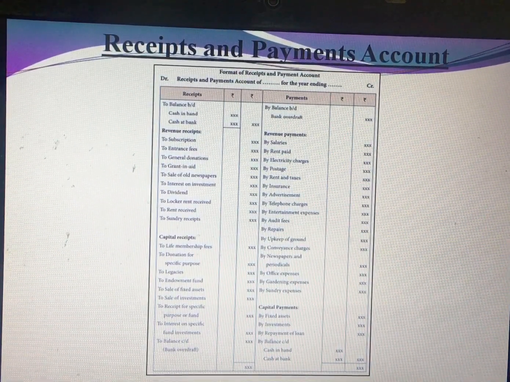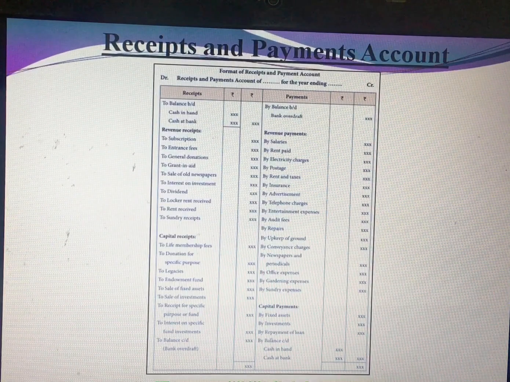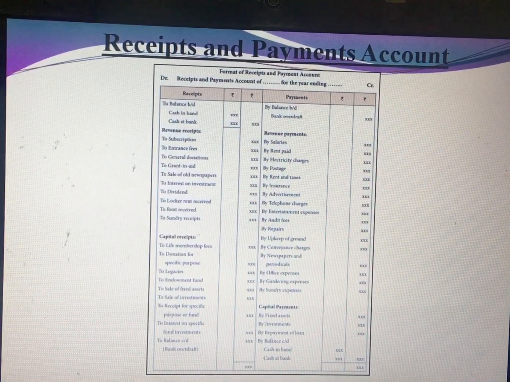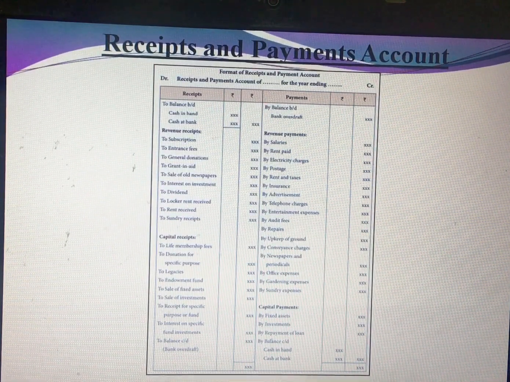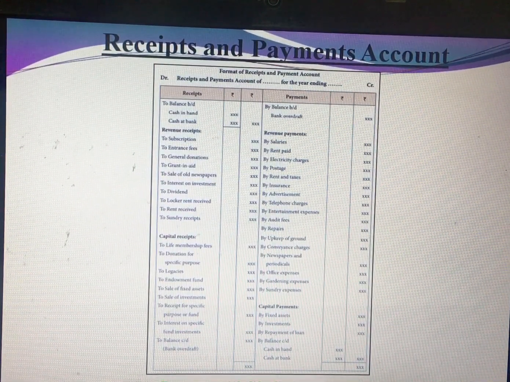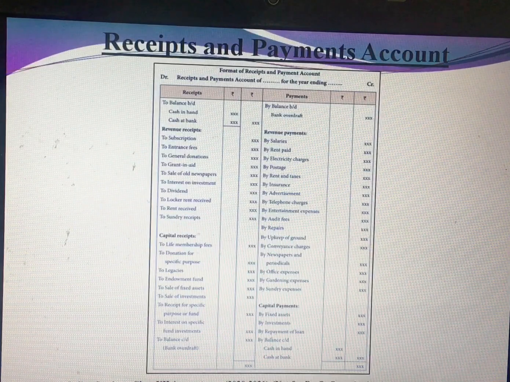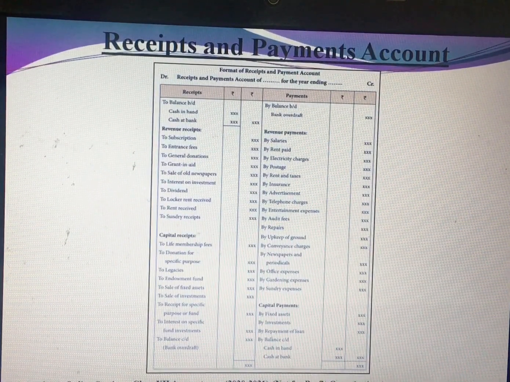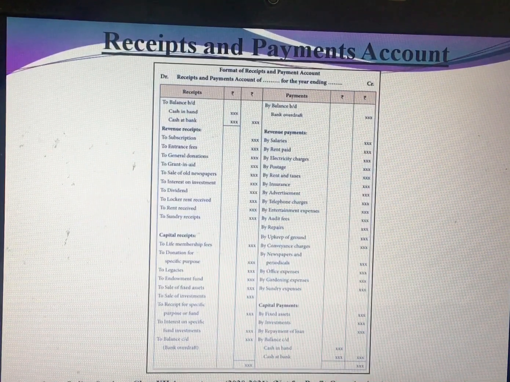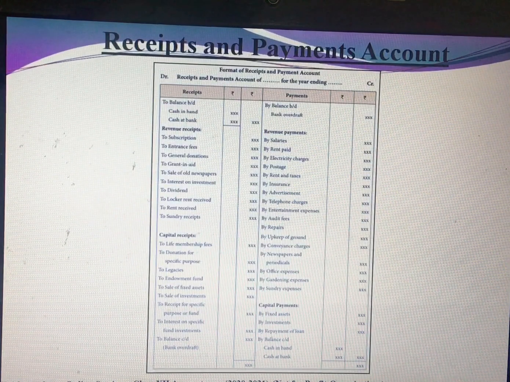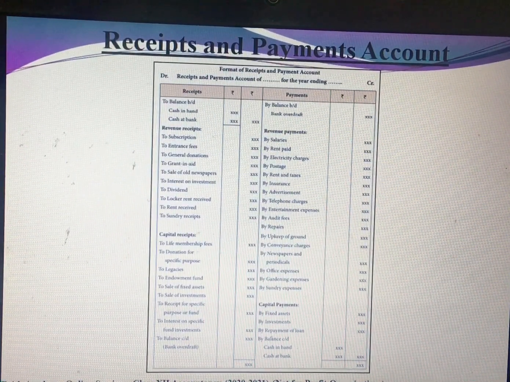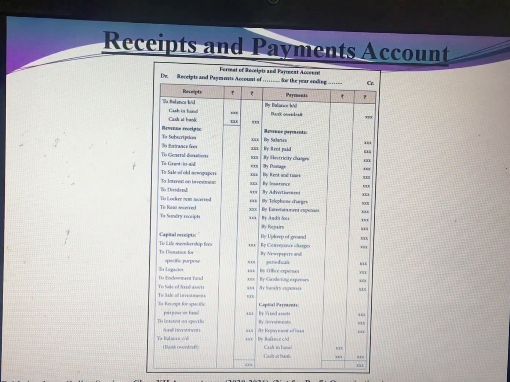So whatever was shown in parts will actually come together like this, where in the receipts side you will have opening balances, revenue receipts and capital receipts, and in the payment side you will have a credit balance of bank, revenue payments and capital payments. And you're supposed to make the format in this way, not in the way the slides are shown. The slides are made just to make you understand things. We want this clearly like this in your registers neatly.